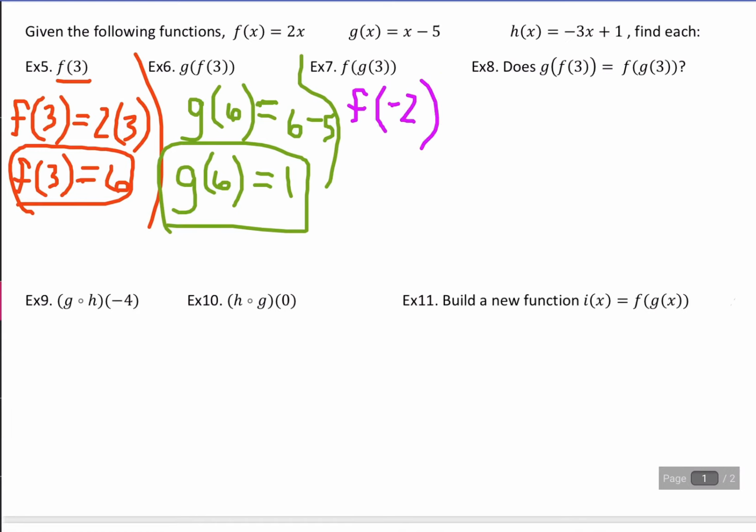And then put negative 2 into the f function. The f function just multiplies by 2. So f of negative 2 is just 2 times negative 2, negative 4. So if you want to rewrite it as the beginning, f of g of 3 equals negative 4.